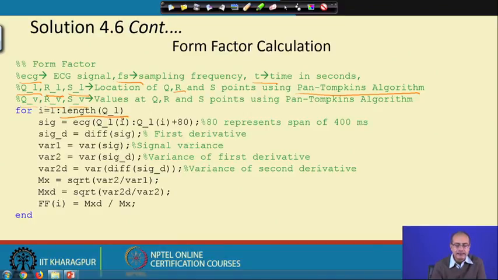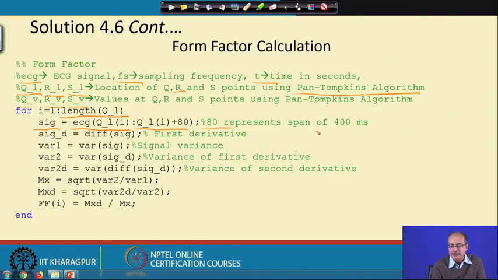So, in this case we go through that vector, and we are taking a part starting from the Q to 80 samples more after the location of the Q. Now, why 80 samples?